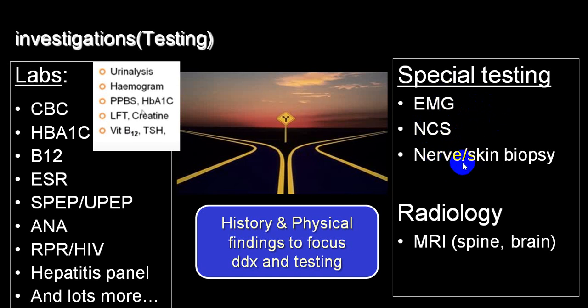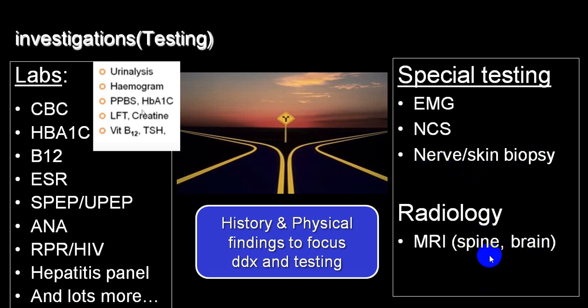Skin biopsy and nerve biopsy are not commonly required. They are required in some hereditary disorders, or in certain varieties of neuropathy like leprosy and amyloidosis, where histopathological diagnosis is required.